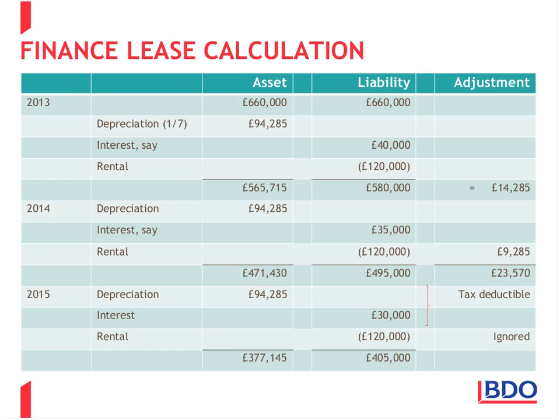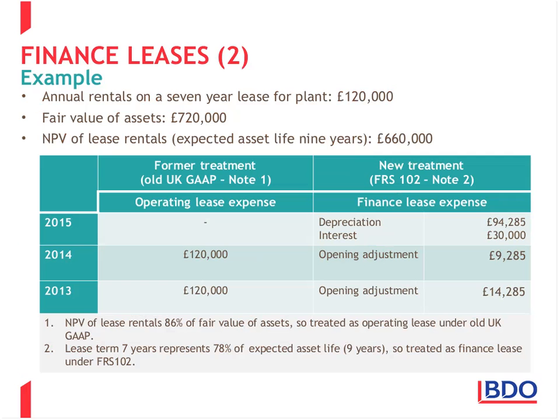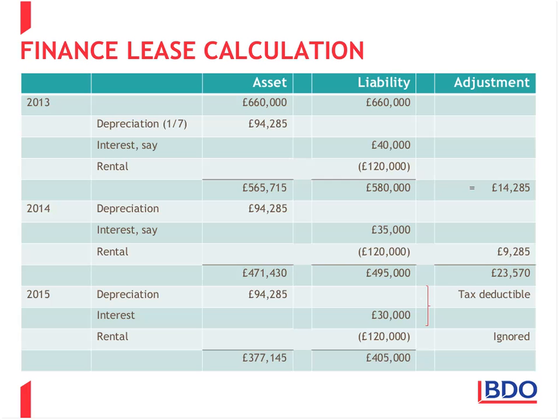On the financing side, we have another year's worth of finance charge, stroke interest, and another year of rental payments. So the liability is now down to £495,000. That's an adjustment of £9,285. That £9,285 is also tax deductible, as you can see in the right-hand column.